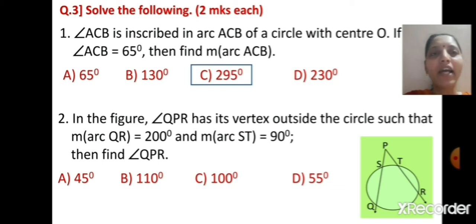In the figure, angle QPR has its vertex outside the circle such that major arc QR is equal to 200 degrees and major arc ST is equal to 90 degrees. Then find angle QPR. We have just now seen that angle QPR is equal to half into bracket major arc QR minus major arc ST. So 200 degrees minus 90 degrees, that is equal to 110 degrees.